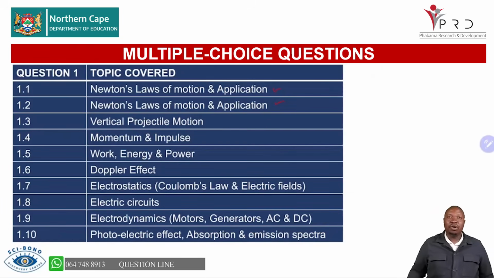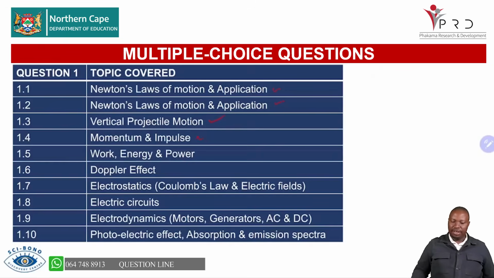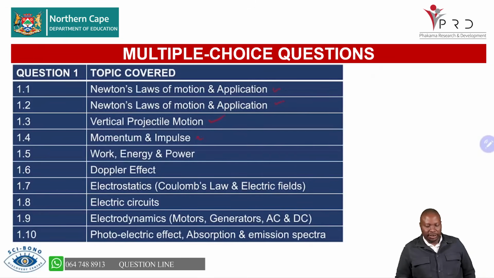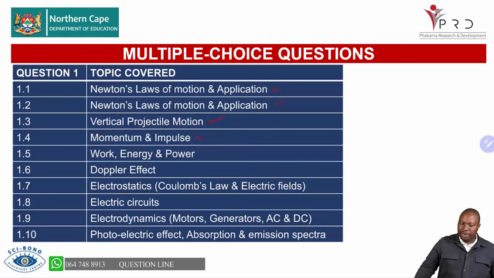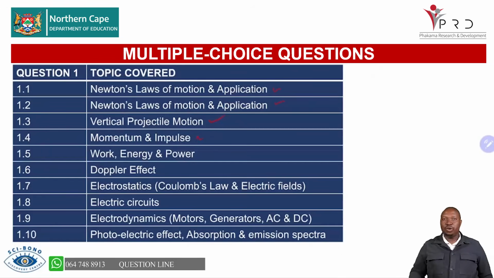We had VPM, or vertical projectile motion, in multiple choice question 1.3. We had momentum 1.4. We had work, energy, and power 1.5. We had Doppler effect in 1.6, 1.7. We had electrostatics. And then 1.8, we had the electric circuits. And then 1.9, we have electrodynamics. And 1.10, we had photoelectric effect.